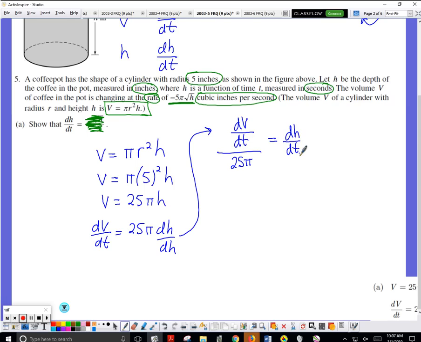They told me dV/dt, so I write that down, negative 5 pi root h divided by 25 pi. I divide factors, I get what they asked me to find. Negative root h divided by 5 is indeed dH/dt.